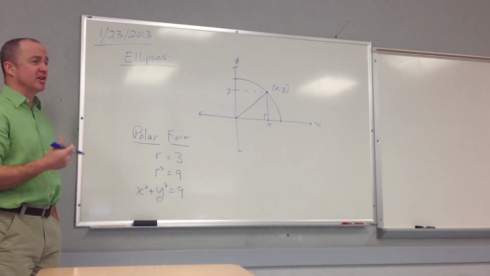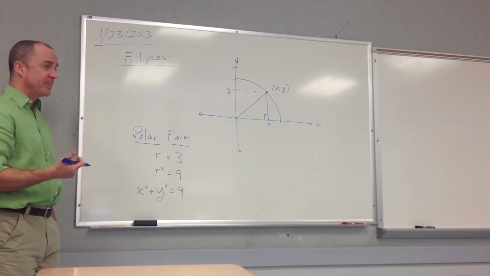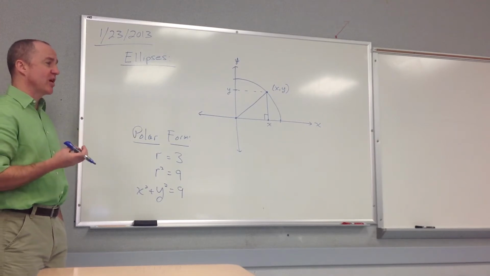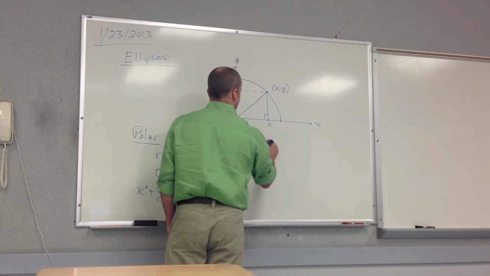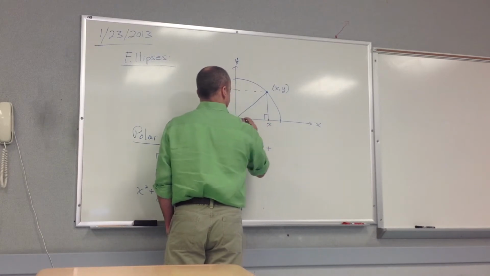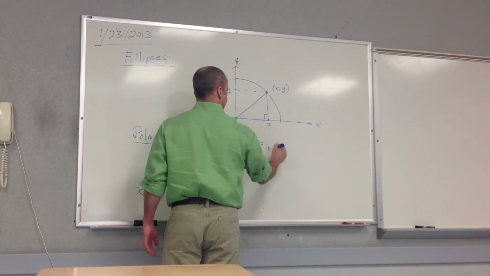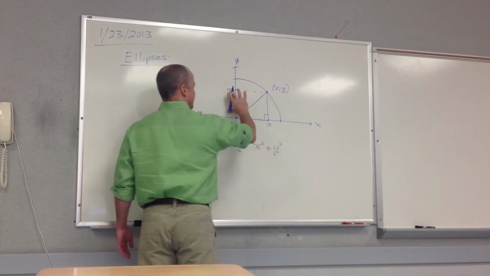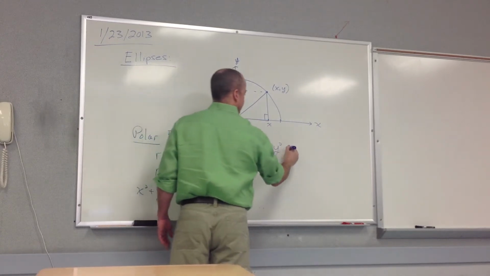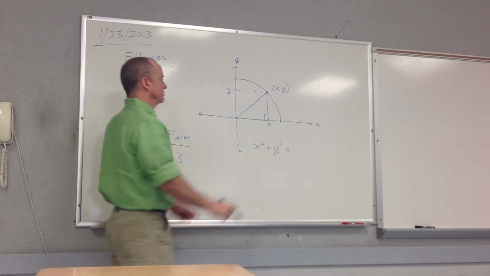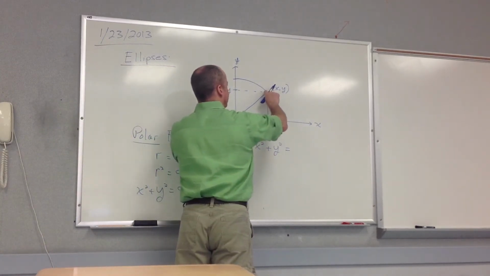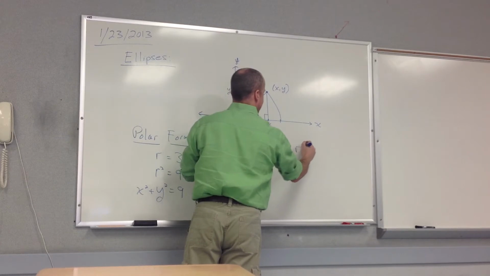First rule you probably learned is that all the angles add up to 180 degrees. Second thing you probably learned about right triangles anyway was the Pythagorean theorem. So x squared, x will be this length, plus y squared, y will be this height, equals the hypotenuse squared, which is going to be the radius of this circle.